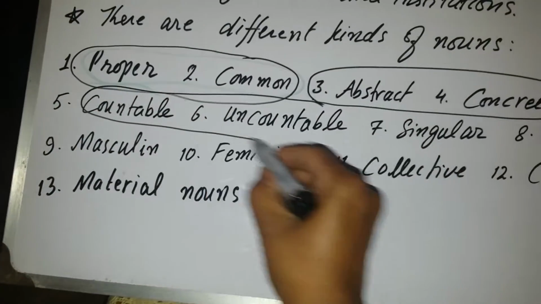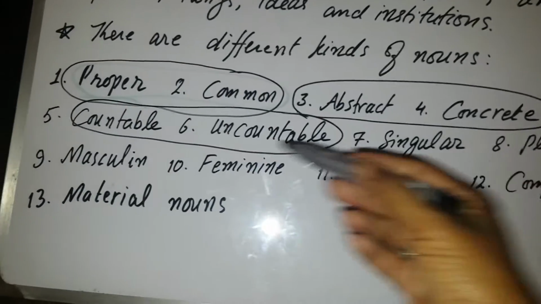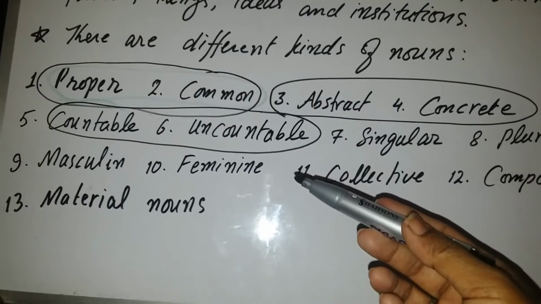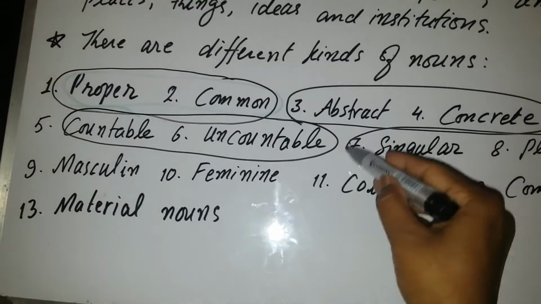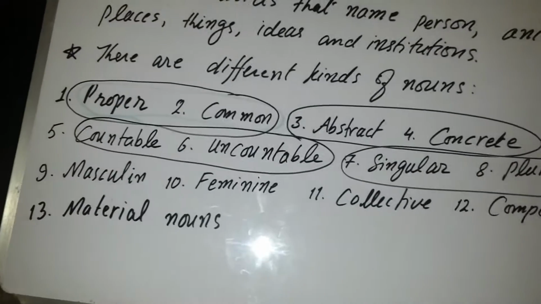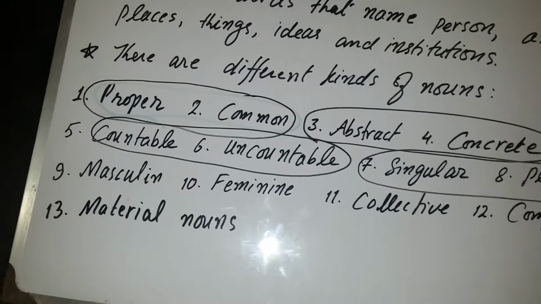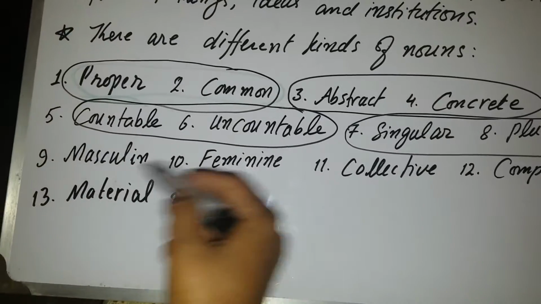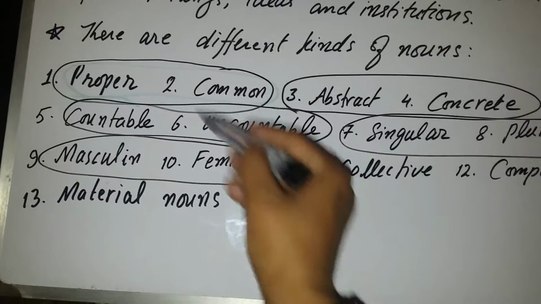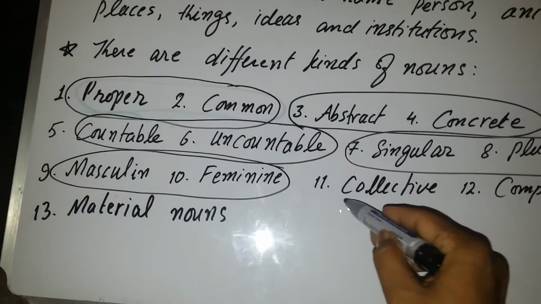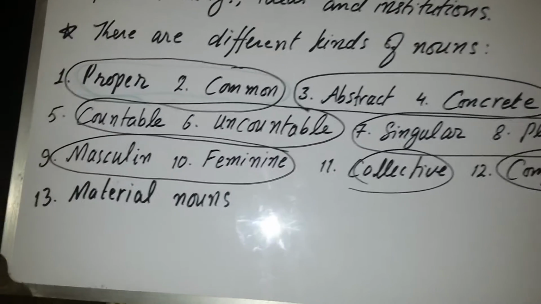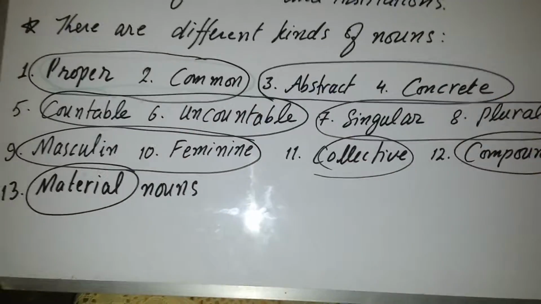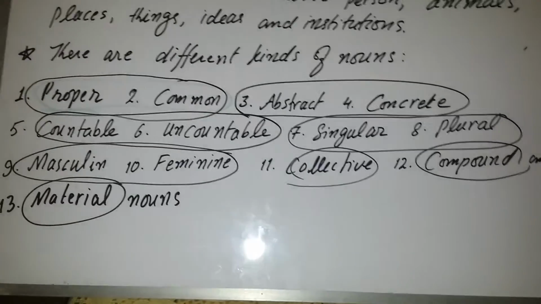Countable and uncountable, I have made a pair of these. Singular and plural are another pair. Masculine and feminine will be discussed in pair. And then collective, compound and material nouns will be discussed separately.